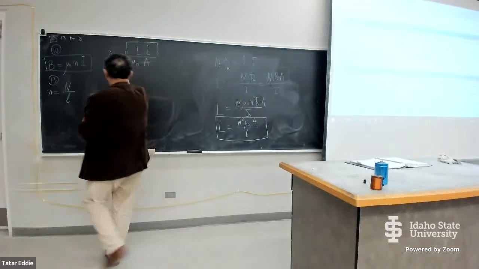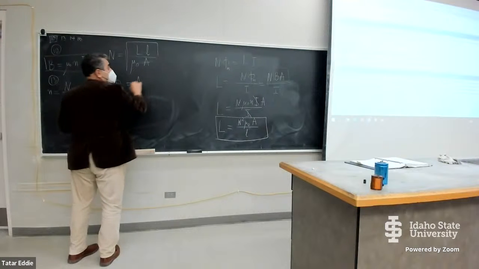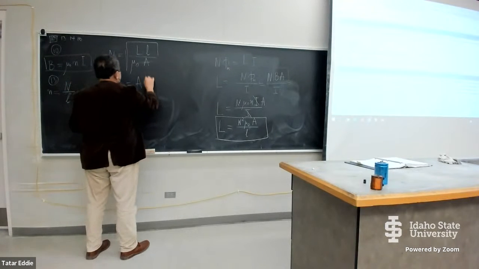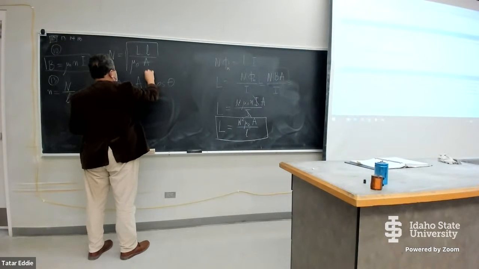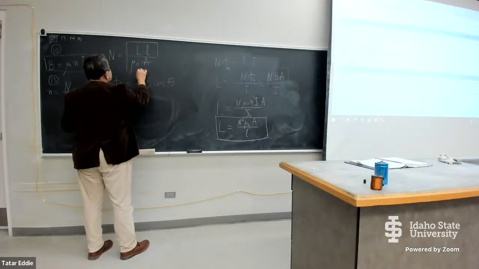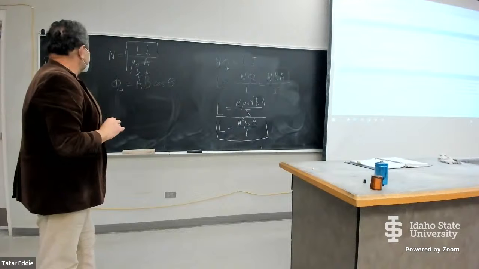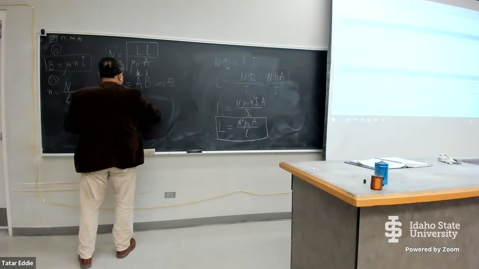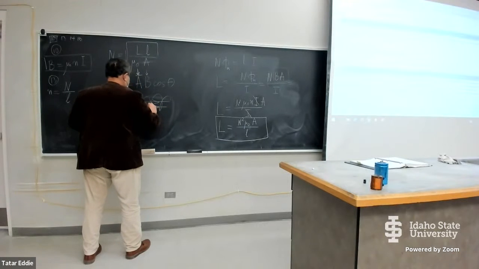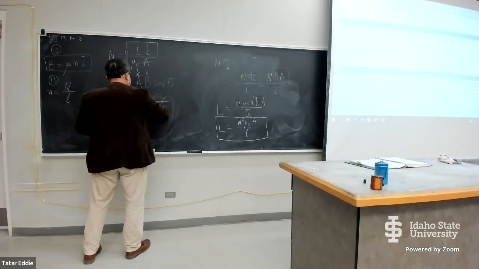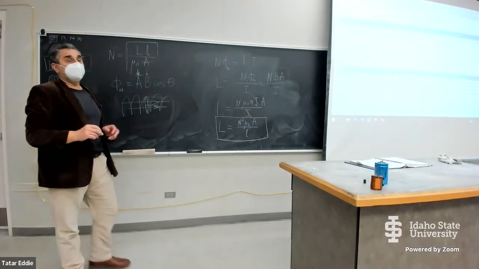Magnetic flux is defined as the product, the magnetic flux through a certain area: A times B times the cosine of the angle between the magnetic field vector and the normal to the area. If the solenoid is like this, the magnetic field inside the solenoid is this way. The area is the cross-sectional area of a loop, and the normal to the area is in the same direction.